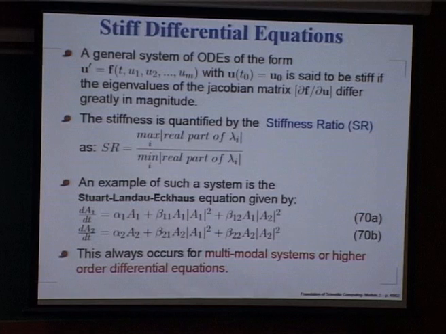This being an mth order system, you would get m eigenvalues, and you stack them up in terms of the maximum and minimum of the real part. Truly speaking, all these methods that we are talking about, you can use equally well for real equations or complex equations.